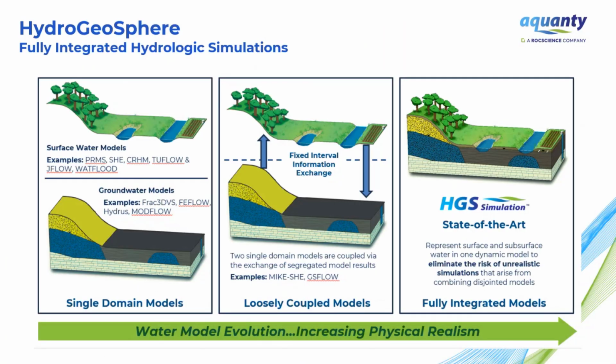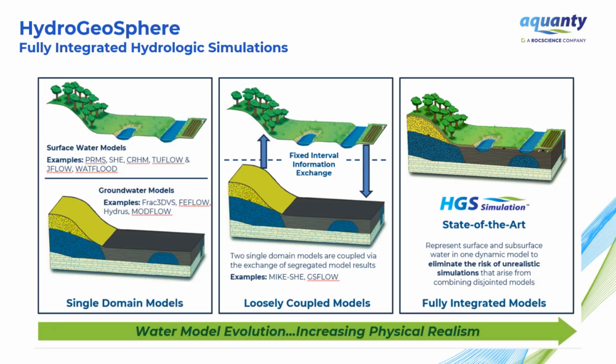Okay, so it's also useful to look at a little bit of the history of hydrologic modeling and where integrated surface-subsurface modeling sits. If we start on the left, we'd be looking at individual single domain models like surface water models and groundwater models, being applied separately. The center panel is what we would call loosely coupled models.